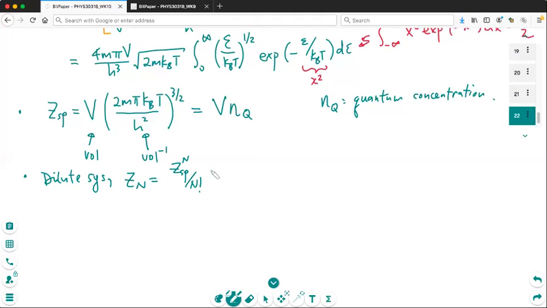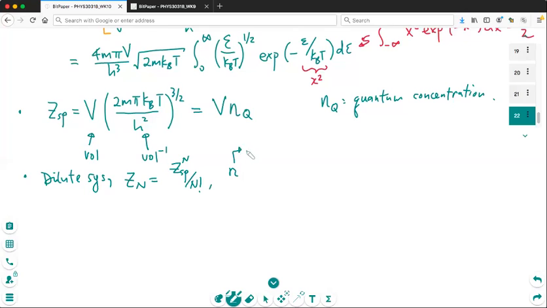Okay. Now this gives you another way to look at dilute. How do you justify dilute? You look at the concentration of your system. Suppose you have particles in a box, you know the size of the box, you know the number of particles, you have some concentration N. Okay, so this is concentration.